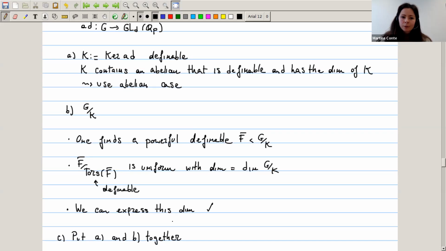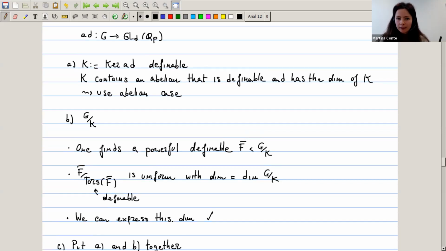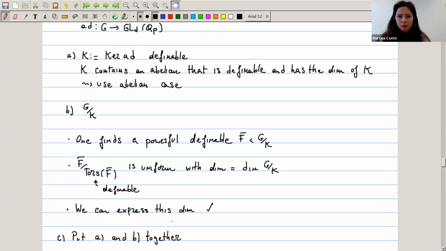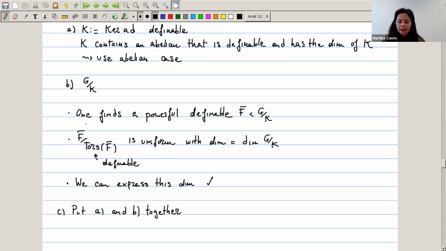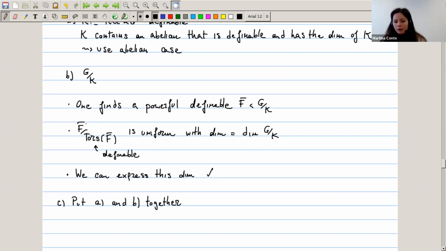Conversely, if a group satisfies this sentence it has at least this dimension, but since the dimension is bounded by the rank, we can impose that this is actually the dimension. So the important part is that one divides into these two cases and uses the abelian case. So this gives an idea of the proof for the dimension.